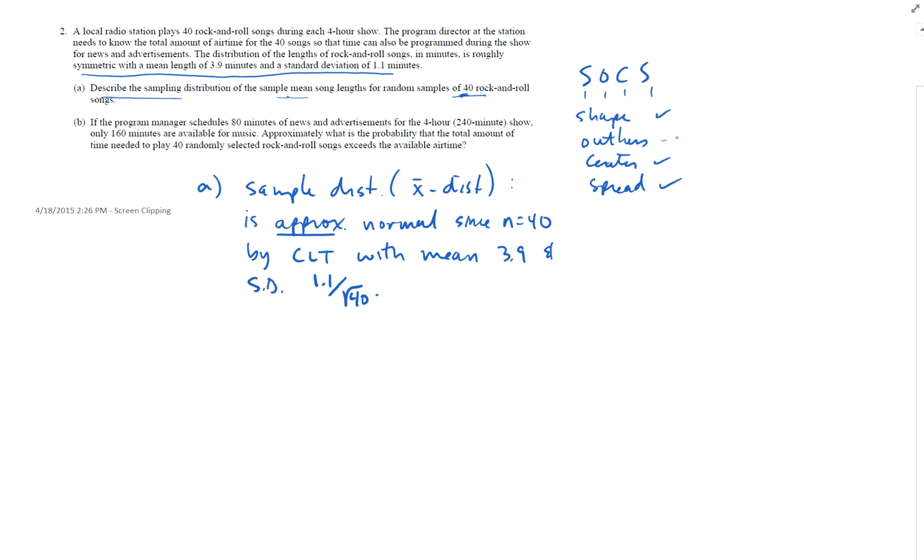Okay, are there any outliers? Since there aren't any outliers in the population, it didn't say anyway, there probably aren't any outliers here either. So we're okay just mentioning that. There don't appear to be any outliers, since none mentioned in the population.